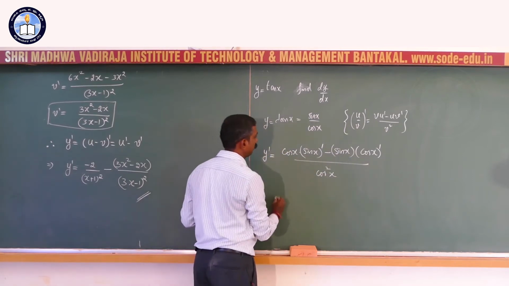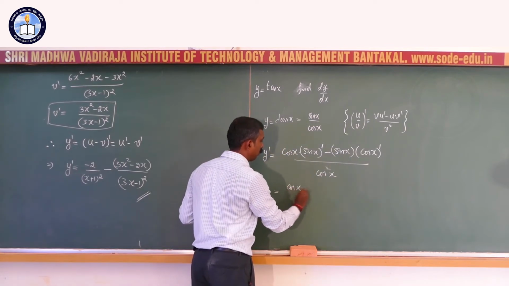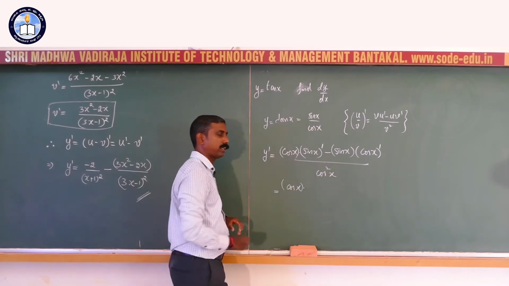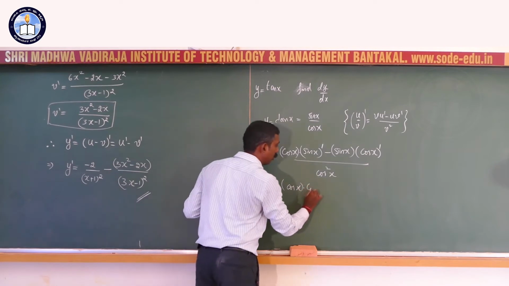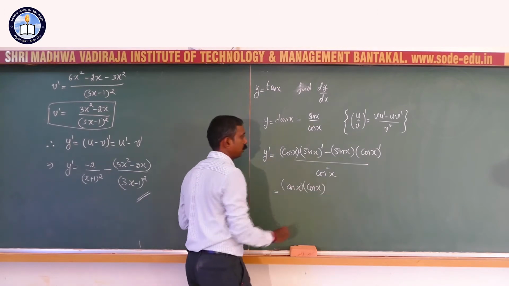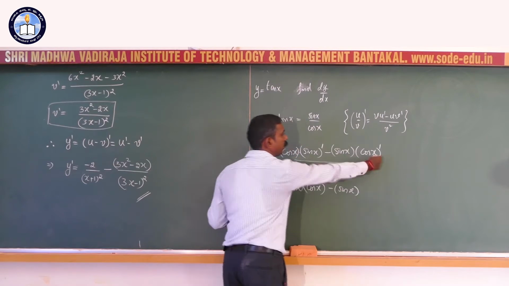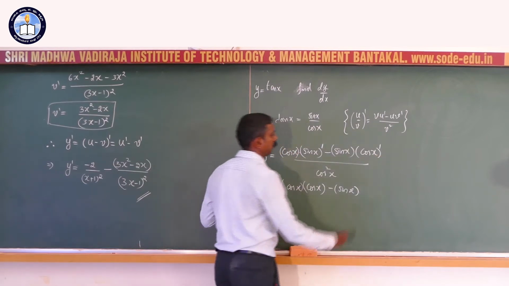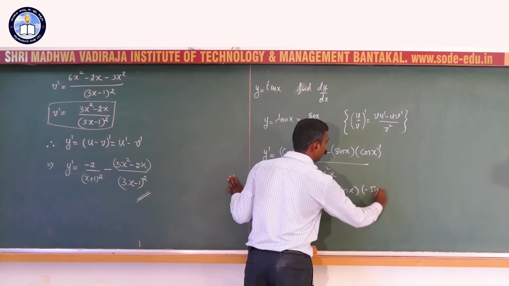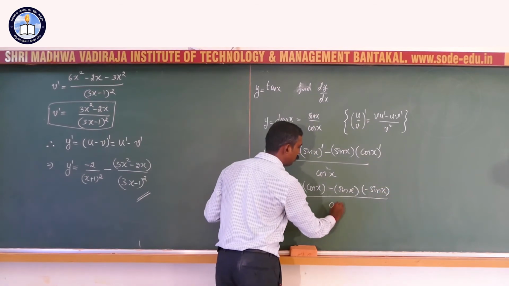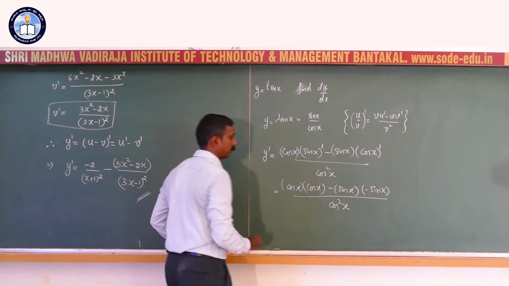Now, what is sin x dash? That is derivative of sin x. Derivative of sin x is cos x, minus sin x into, what is derivative of cos x? It is minus sin x, whole divided by cos square x.